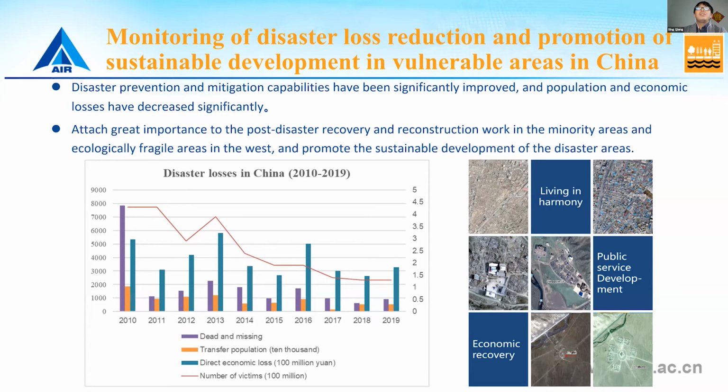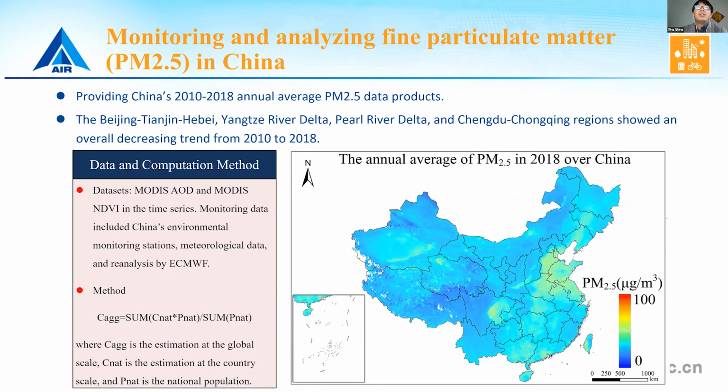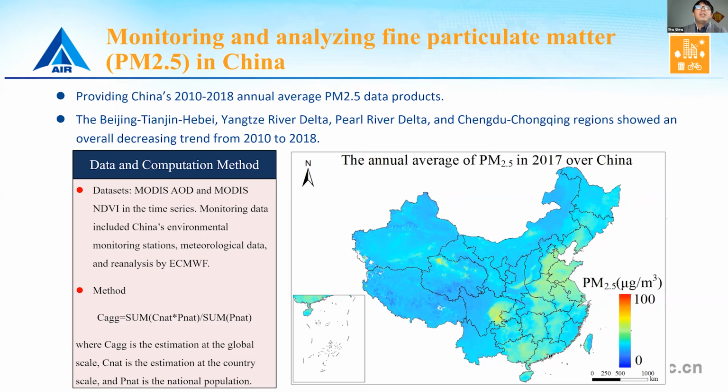The next one is monitoring and analyzing particulate matter 2.5 in China. Here we produce China's annual average PM 2.5 data products annually from 2010 to 2018, based on MODIS AOD and MODIS NDVI time series data, and also some data from ECMWF.